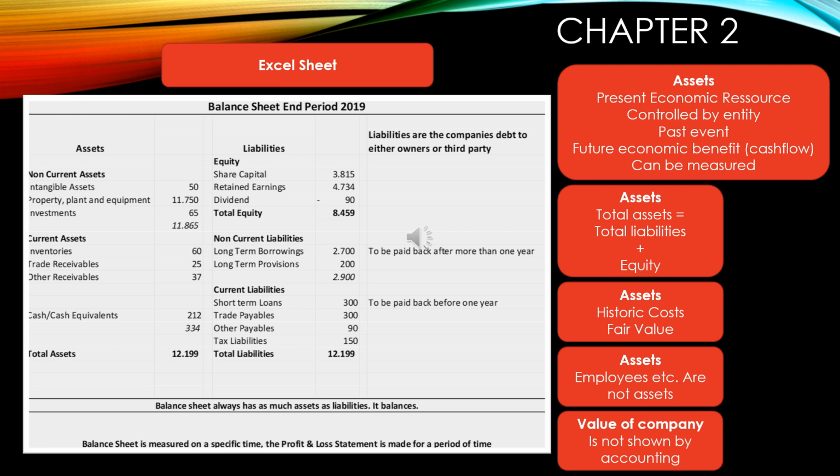But companies that have, i.e., premises, buildings, they can often choose to value those in fair value. The reason for that is that there is a market that gives a fair value for these assets.